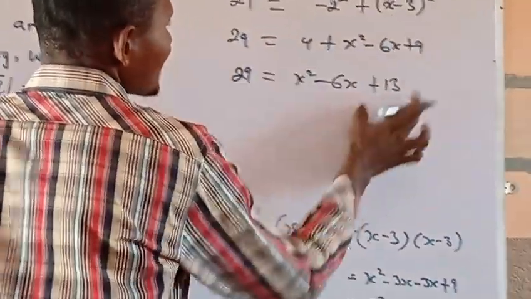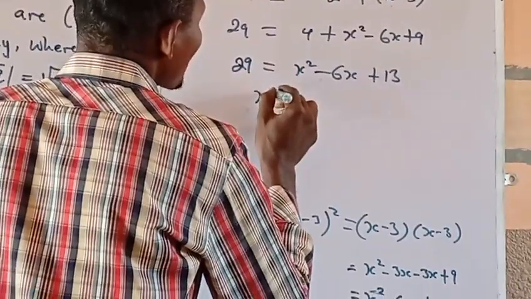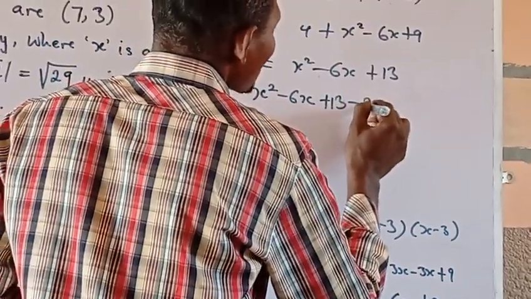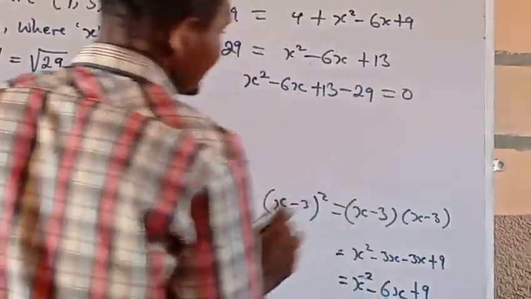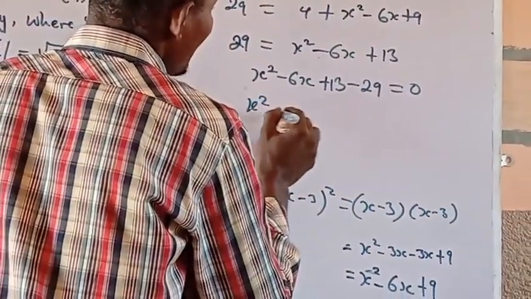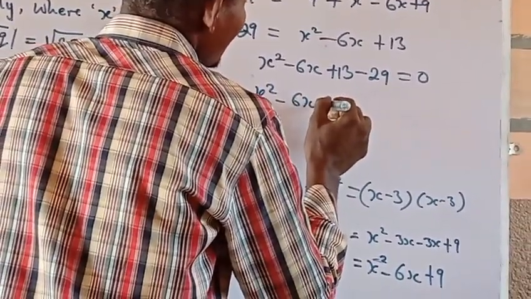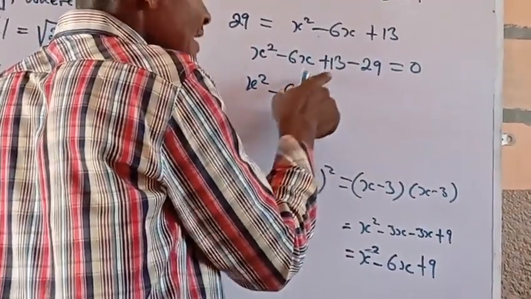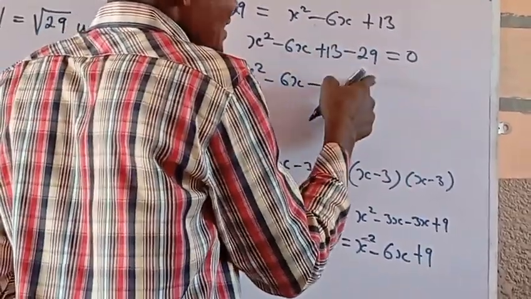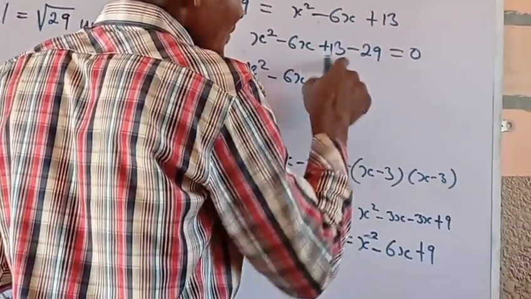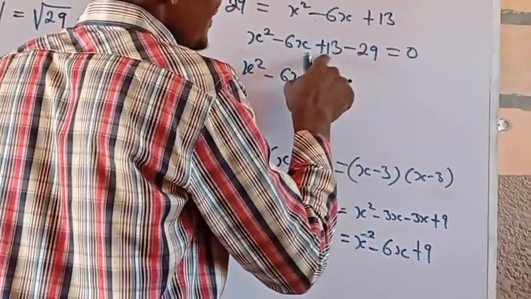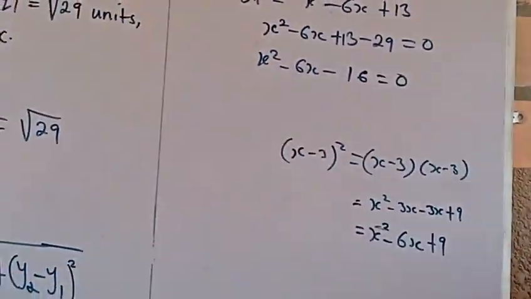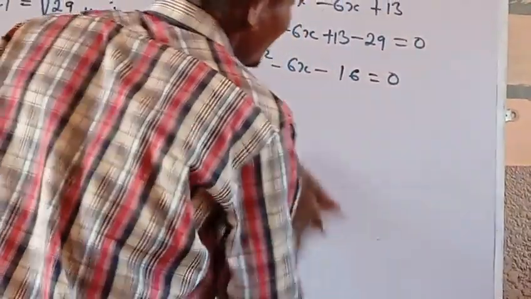Now, moving this 29 to this side, we have x squared minus 6x plus 13 minus 29 equal to 0, and 13 minus 29 gives us minus 16. So x squared minus 6x minus 16 is equal to 0, a quadratic equation to solve.